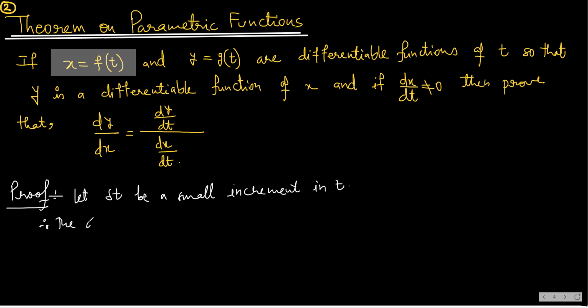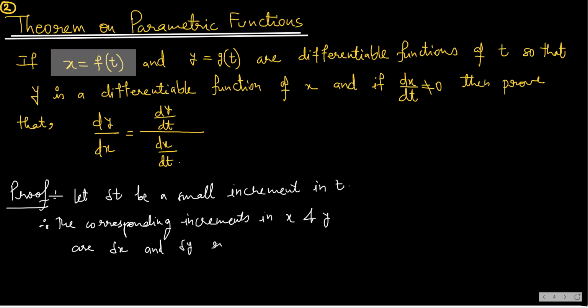Therefore, the corresponding increments in x and y are delta x and delta y respectively. This is my first step. Okay, the changes. Now I go for the second step.